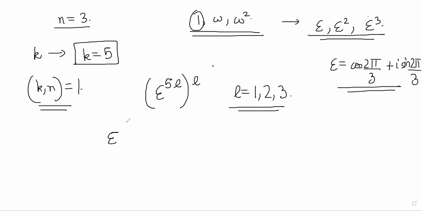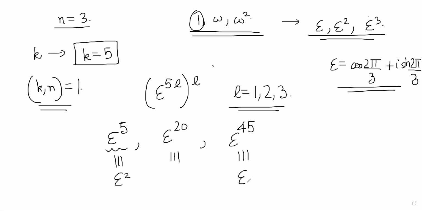Epsilon power, when l is 1, it will be 5. And when l is 2, it will be 5 into 2, 10 into 2, 20. And when l is 3, it will be 5 into 3, 15 into 3, 45, right? So now this is clearly going to be congruent to epsilon square, and this is congruent to epsilon cube, and this should have been congruent to epsilon power 1, right?